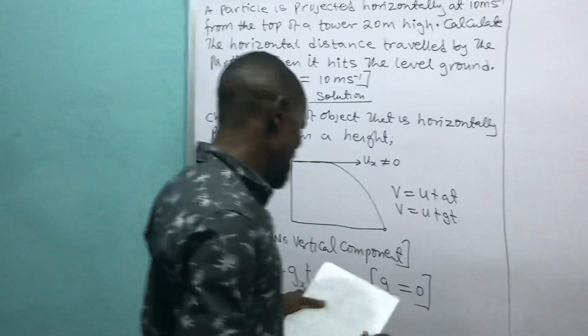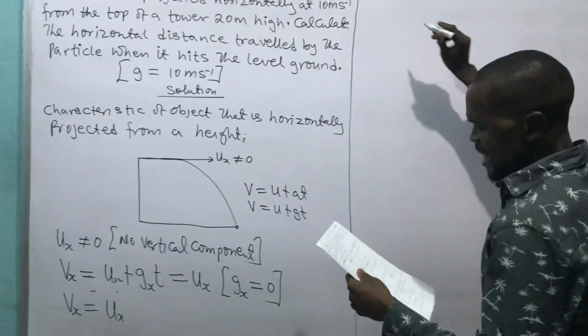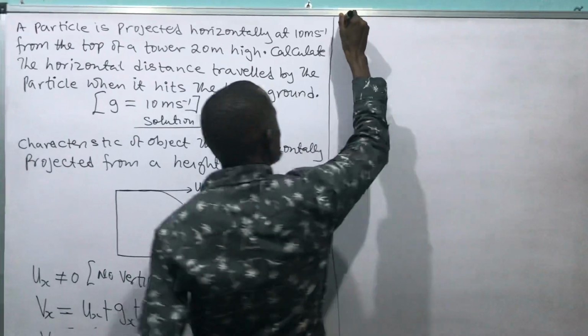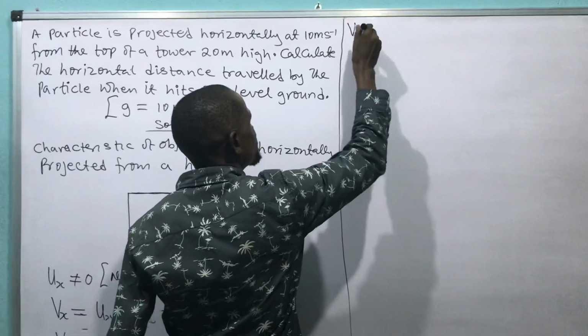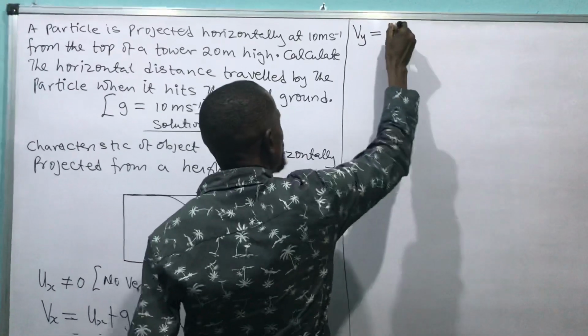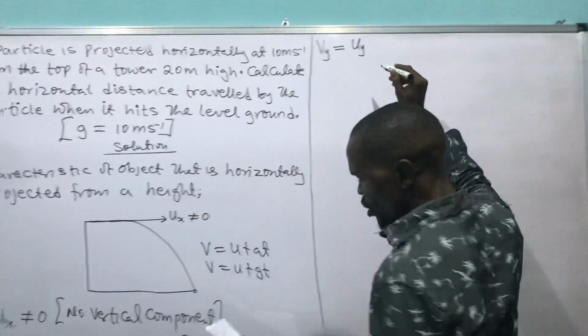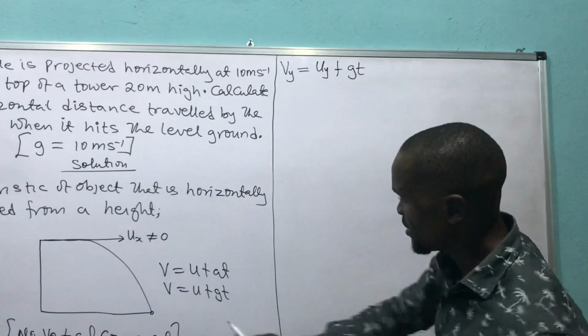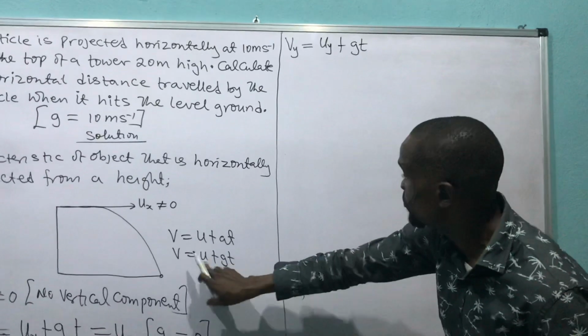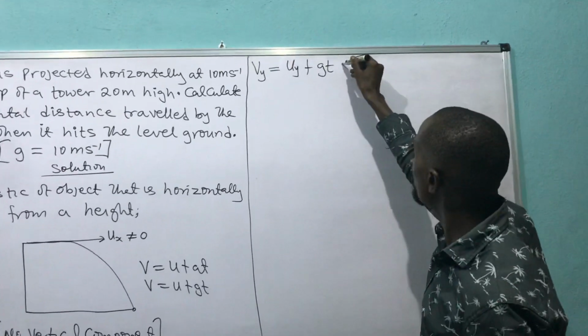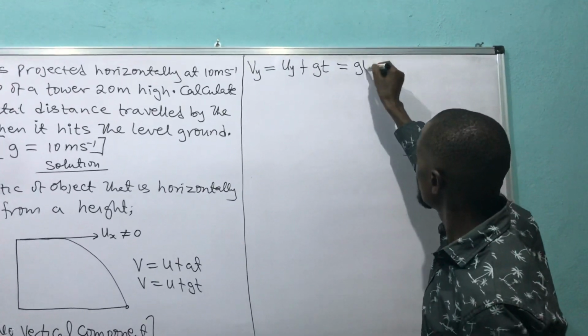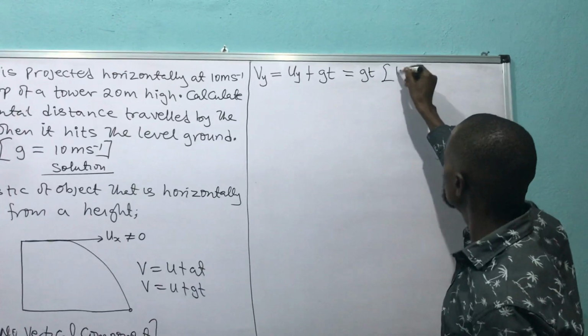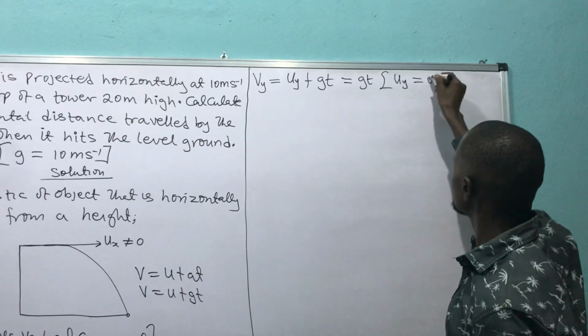Then let us look at the vertical component, Vy, which is equal to Uy plus gt, which I stated here. Now it is equal to gt. Why? We know that Uy is equal to 0.